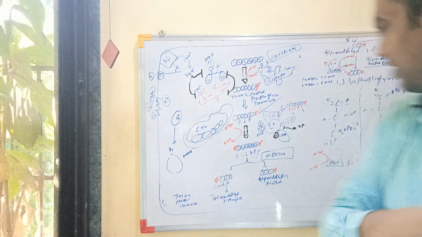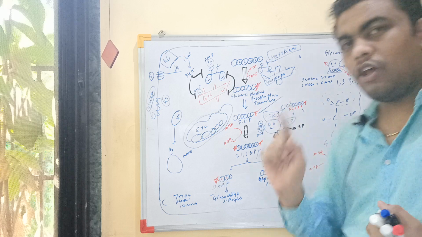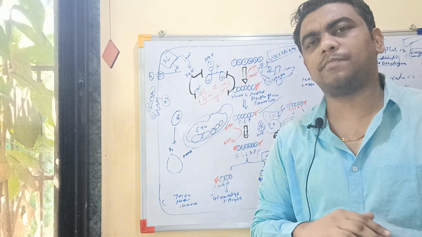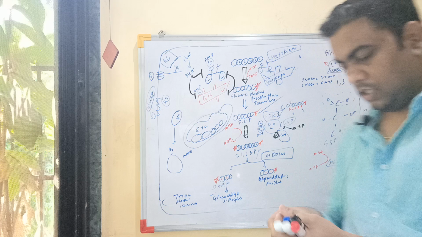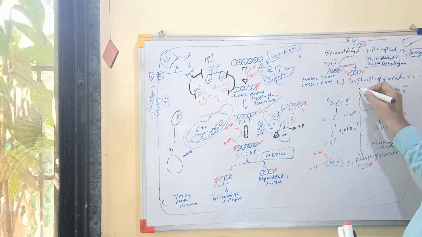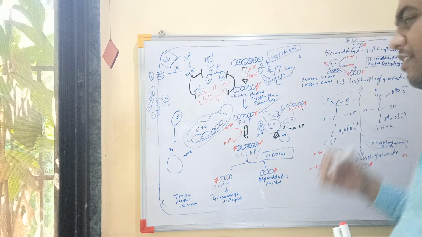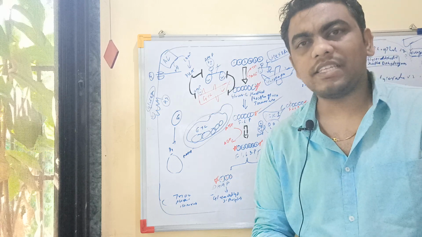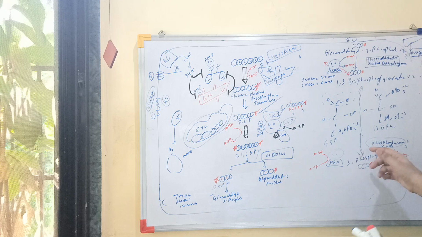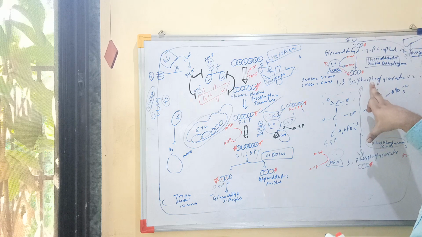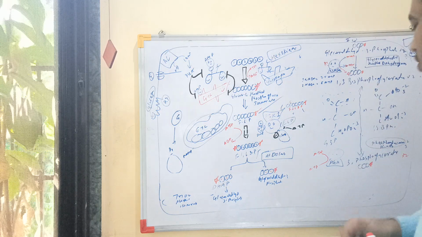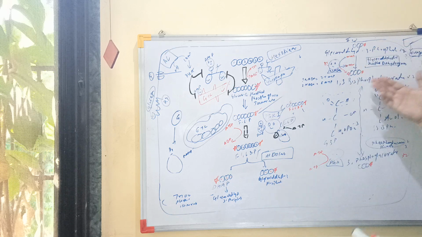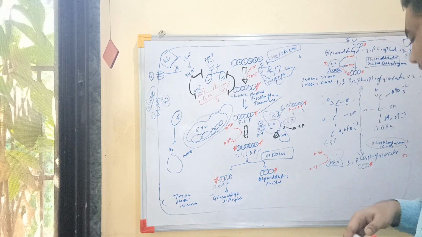And see, this is the kinase, and this is the only kinase in the whole glycolysis pathway which is reversible, because the delta G in this is not very large. That's why it depends on the concentration of 1,3-bisphosphoglycerate and 3-phosphoglycerate. Whichever has the higher concentration, the reaction can move in that direction.